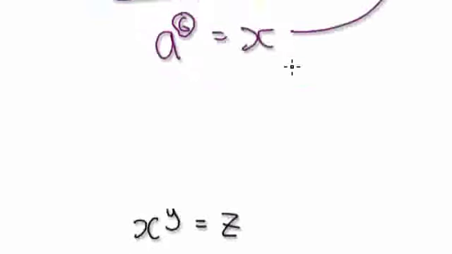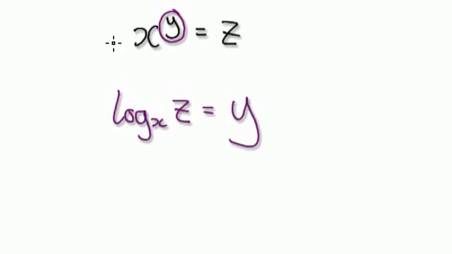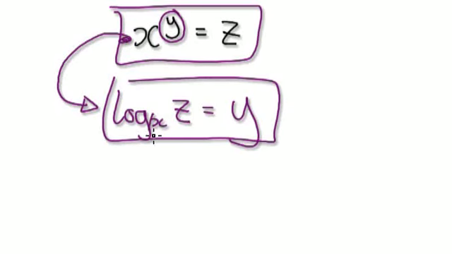Okay, last one here. Press pause and have a go. Here, your base is x, so it will be log base x, and then z here equals, this is your index here, equals y here. So when given this here, you translate it, it will give you this. Just to double check, look at this.